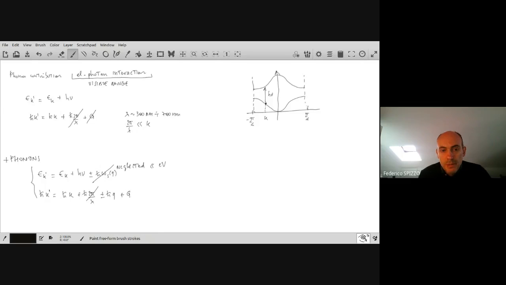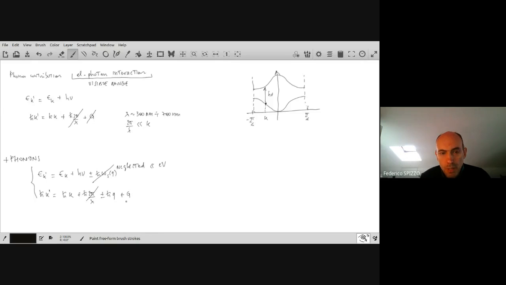At this point, in principle, we may not neglect h bar q because that is the crystal momentum contribution of a phonon. And in principle, we should not also neglect G because we may need that to fulfill the equation.